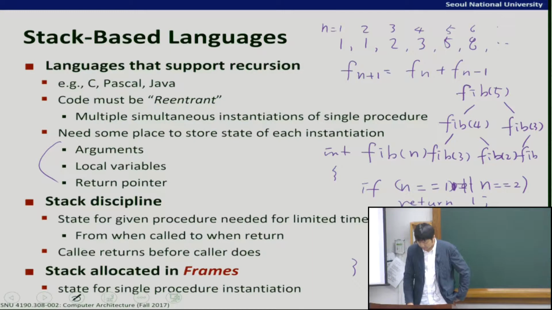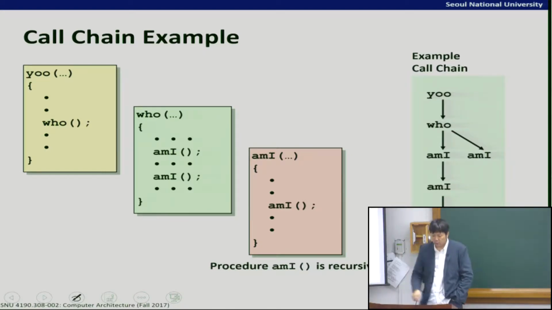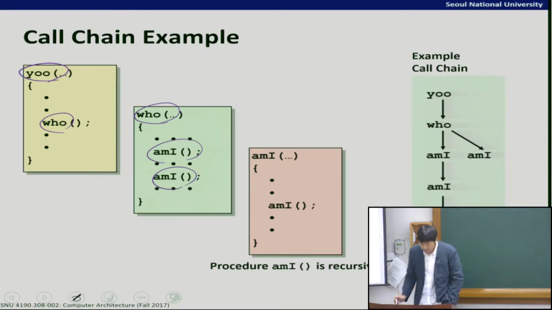Okay, so let's take a look at an example, a call chain example. Let's say we have a function U. This is the top level. U calls who inside, and who calls mi twice, and mi can call itself. It's recursive, right?